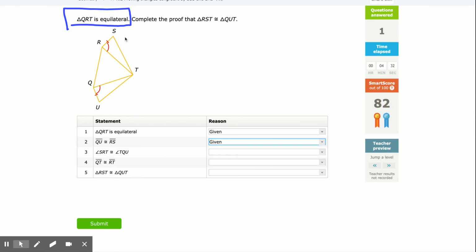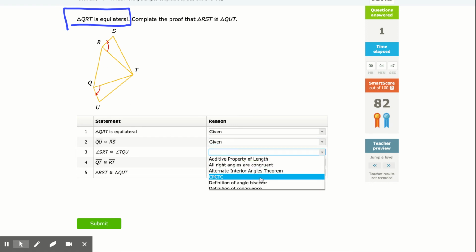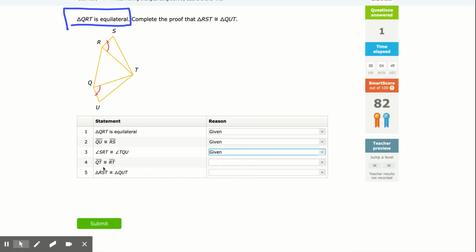Angle SRT, that's this with this arc, is congruent to TQU. Again, there's an arc measure. That's another given. Then QT is congruent to RT.